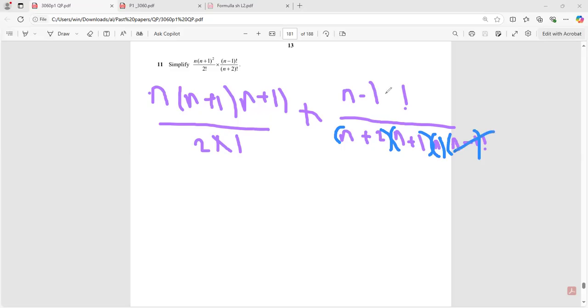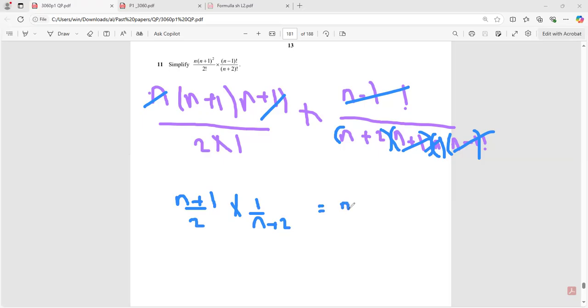Okay, cancel. n plus 1, n plus 1, n, and n. So the remainder up here is (n plus 1) over 2 multiplied by 1 over (n plus 2). So let's multiply.